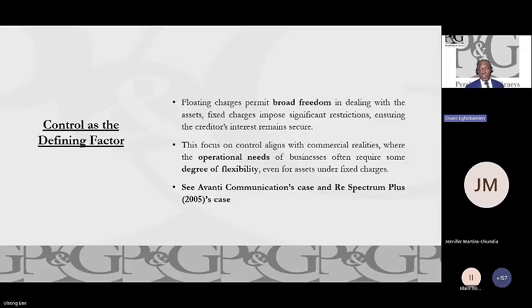Eventually, the liquidator took over. The liquidator went to court in the United Kingdom, and the bank lost everything because it was now considered a floating charge. Of course, the amount of money it got when the funds were there was shared pari passu, in other words, shared in proportion to the loan that each of the creditors had given, because they were all floating charges, in accordance with priority of who created their debt first.